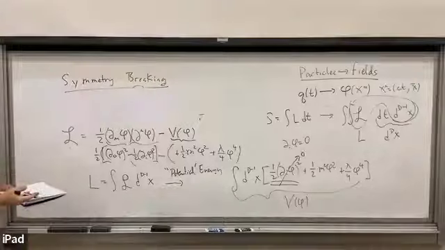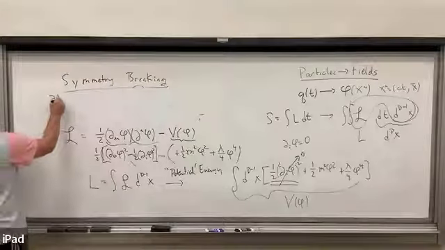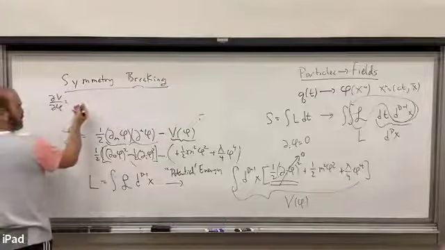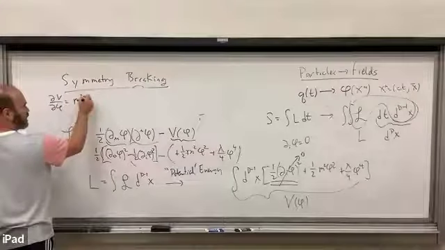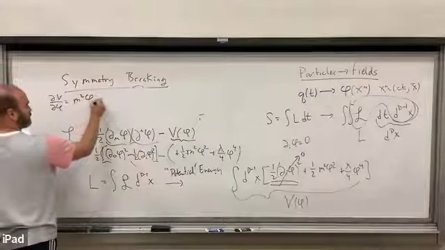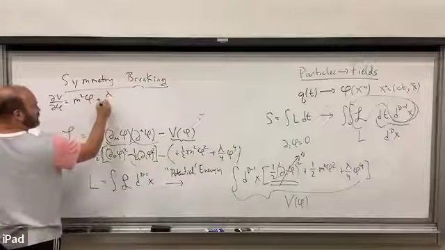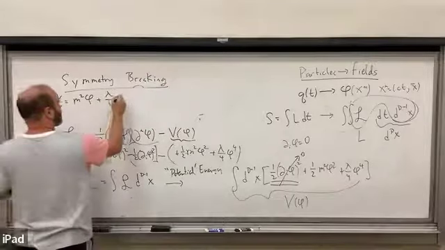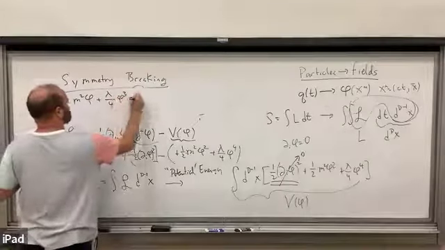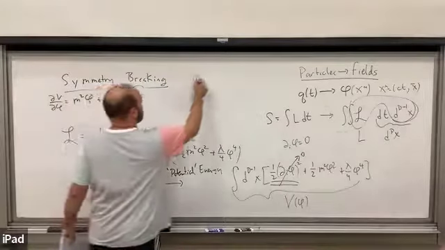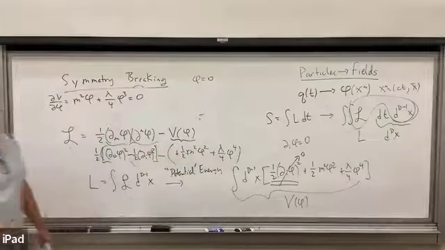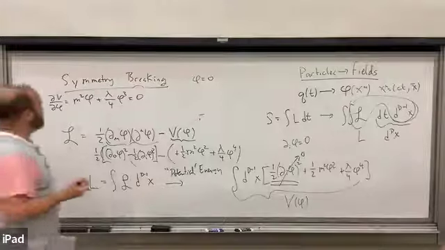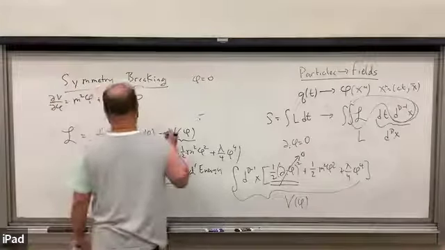So basically we want to minimize that. Let me do it real quick. We have dV/dφ, and that's going to be m squared φ plus lambda φ cubed, and we want that equal to 0. Great. φ equal to 0 is definitely a solution. It looks like we have another solution, but actually we don't.